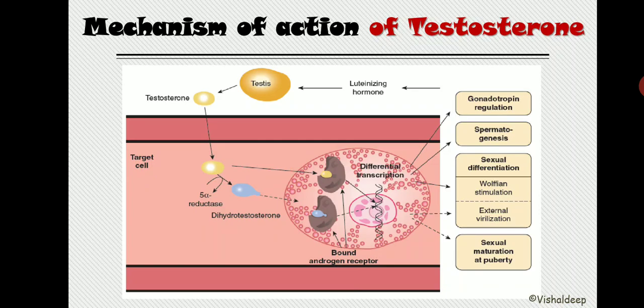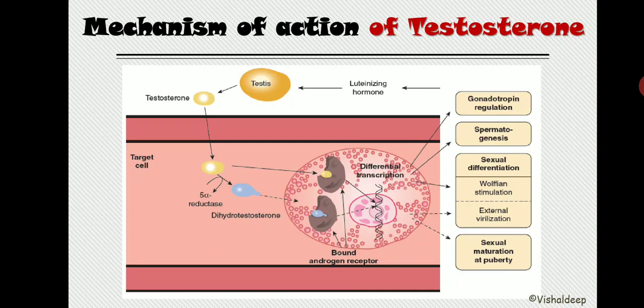Inside the nucleus, it will bind with the hormone responsive element. This hormone responsive element will ultimately lead to increased formation of a related transcription factor. This transcription factor will lead to formation of mRNA. That mRNA will ultimately lead to increased protein synthesis. And these are the events you have to write down, the effect of testosterone.